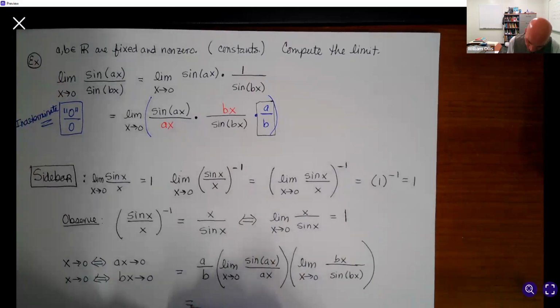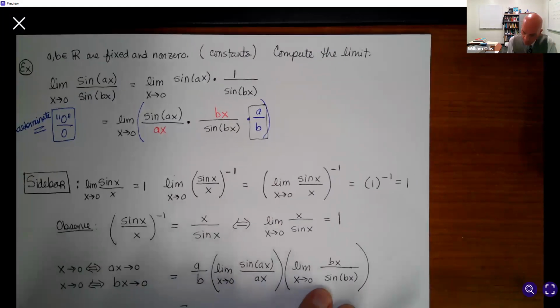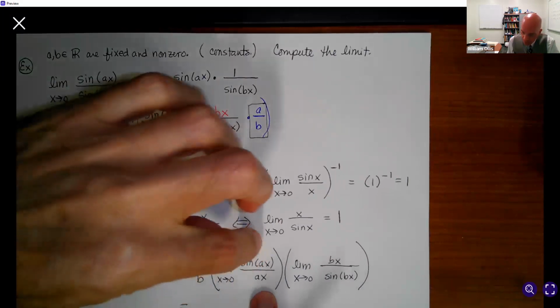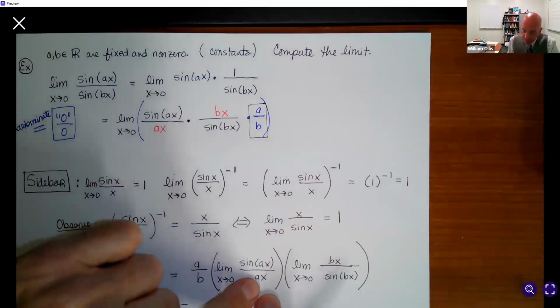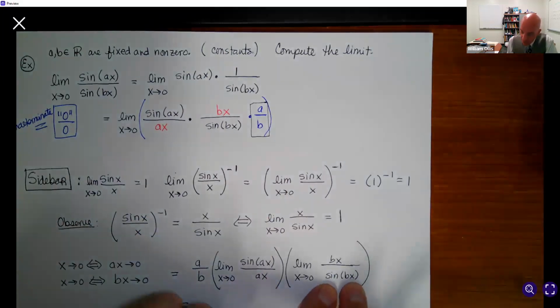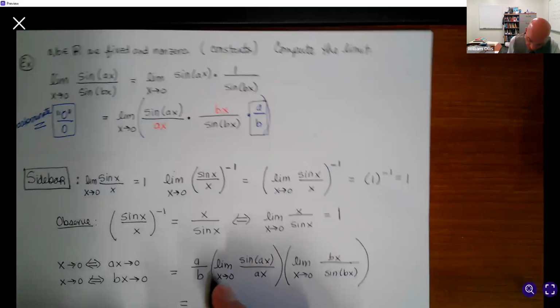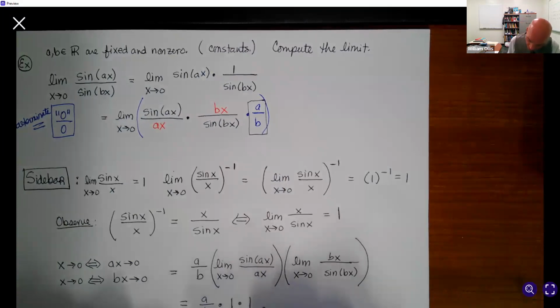So now, both of these limits we know are 1. Again, in the first one, the numerator has the argument of the sine going to 0 and the denominator. And the second one, we have the argument of the sine going to 0 and the numerator going to 0. So this will now be A over B, special limit times 1, times 1.